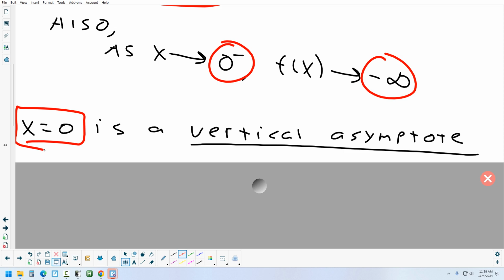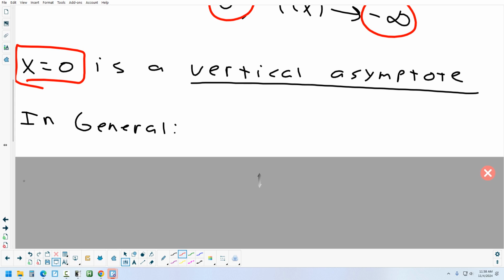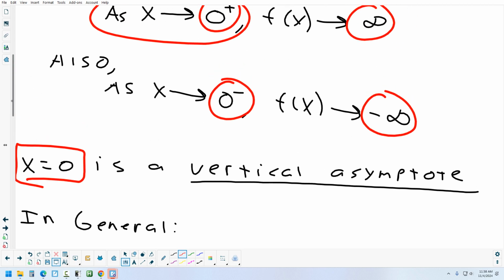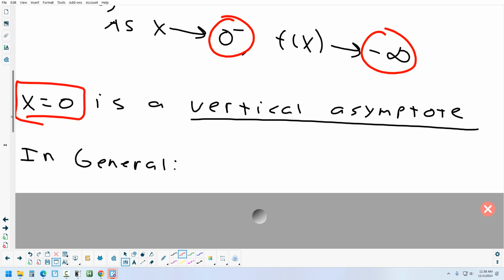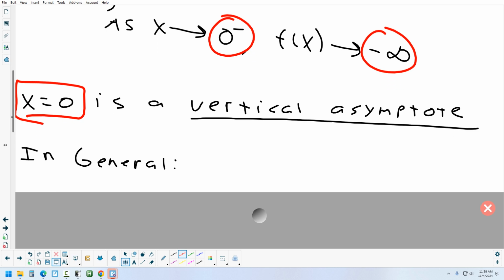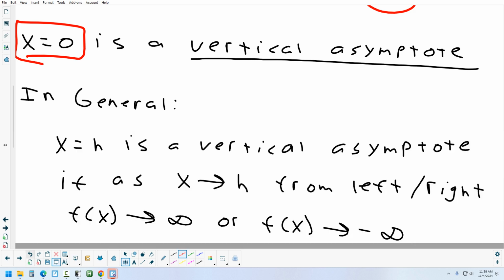So how do you find the vertical asymptote? Well, if you can find the domain, then you can find the vertical asymptote. It's the same steps. But this is what it'll look like graphically.